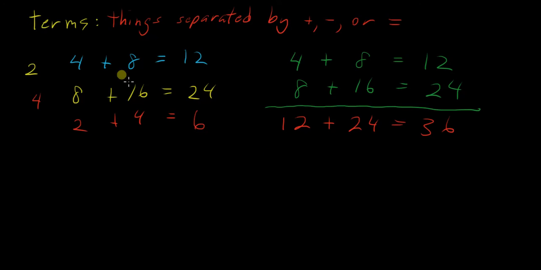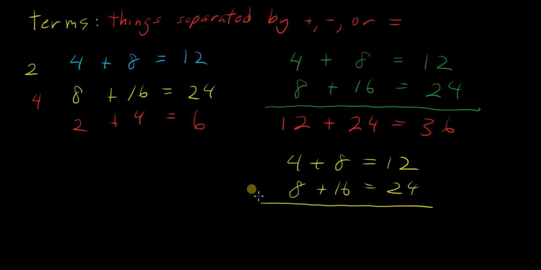Could I subtract true statements? Well, let's take 4 plus 8 equals 12, and 8 plus 16 equals 24. These are 2 true statements. Now I'm going to subtract them. 4 minus 8, negative 4. 8 minus 16, negative 8. 12 minus 24 is negative 12.